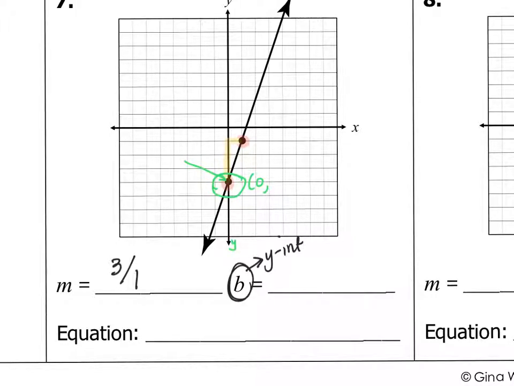So that's the ordered pair 0, comma, -4. So my y-intercept is -4, because that is the y value of the point that crosses the y-axis on the line. And if we write that equation, that's y is equal to 3 over 1 x minus 4, or we can just say y is equal to 3x minus 4.